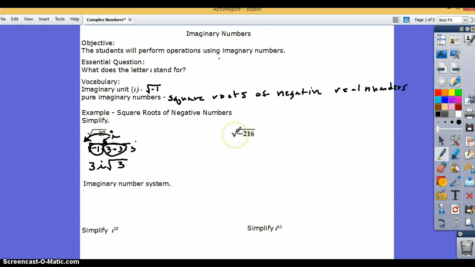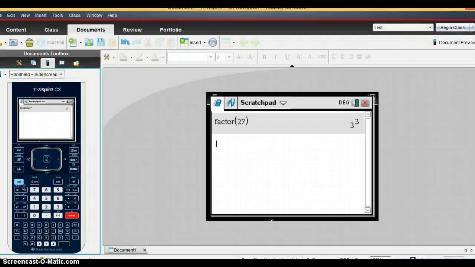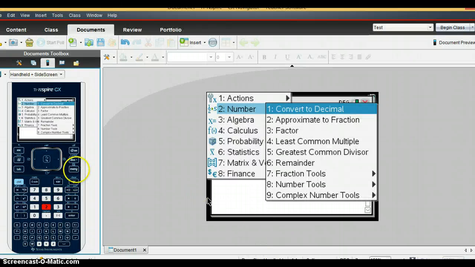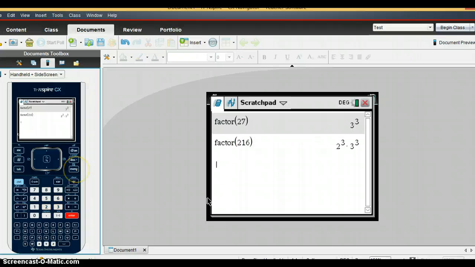Alright, so same thing applies here, the -216. So we know -1 is one of the numbers inside that square root because of the negative. It always is. Every time you have a negative, a -1 is present. So menu 2, 3, 216, 2 to the third, 3 to the third.